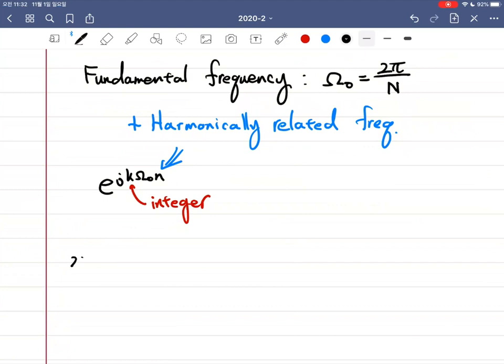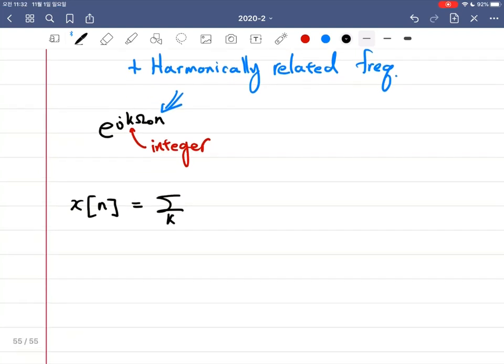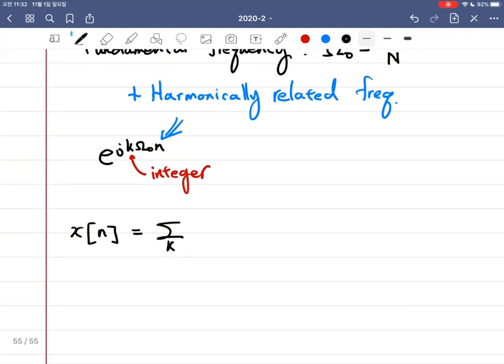Therefore, we can express x of n by this summation over the parameter k, where we have to multiply by the appropriate coefficient, which we represented as a_k in continuous time, so we will adopt the same notation, multiplied by e to the j k large omega 0 n.